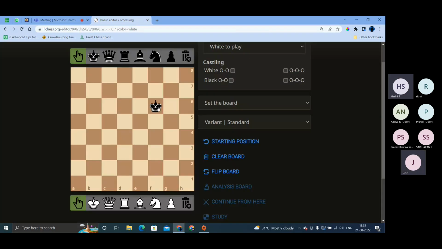So this is the king. Generally it will move to these squares. A king can move one step in all directions: one step up, one step down, one step sideways, one step diagonal. When there is no opponent, he can move to all these squares.